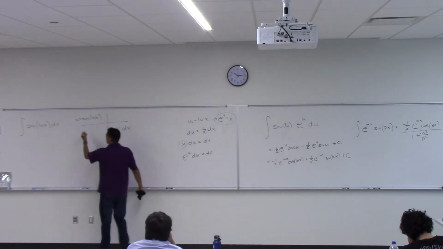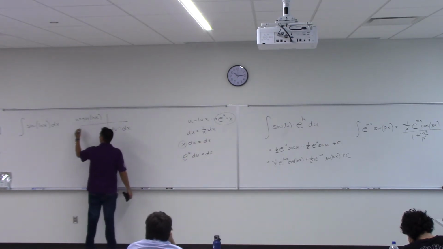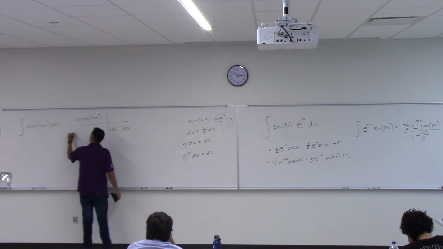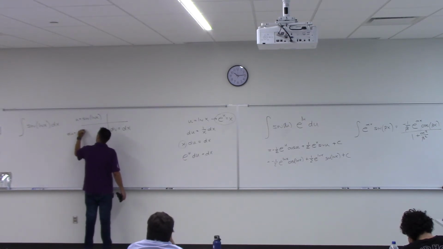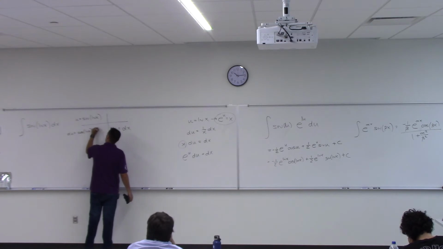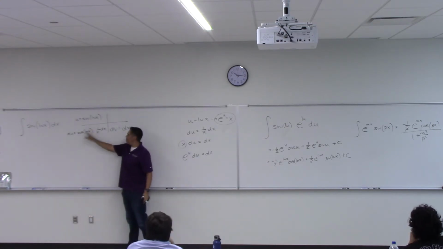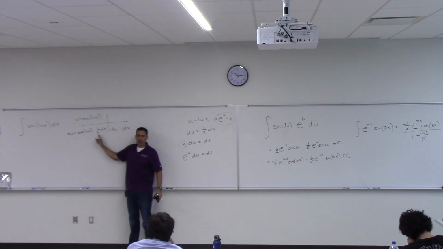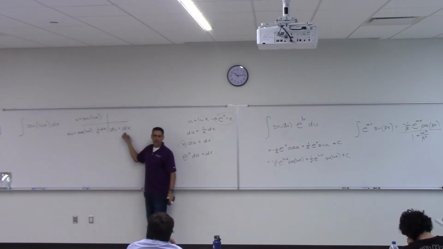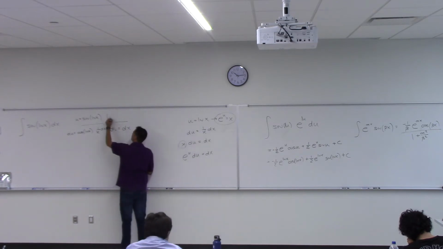All right, let's do this, though. I'm going to go back to this and just take a derivative. Chain rule, right? Derivative of that is cosine of natural log x times 1 over x dx. So I take the derivative: sine of something is cosine of it, times the derivative of what's inside, 1 over x dx. The antiderivative of 1 is x.